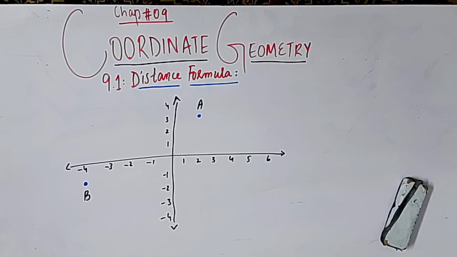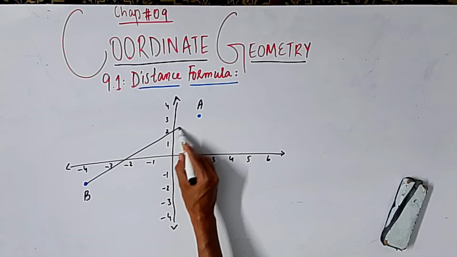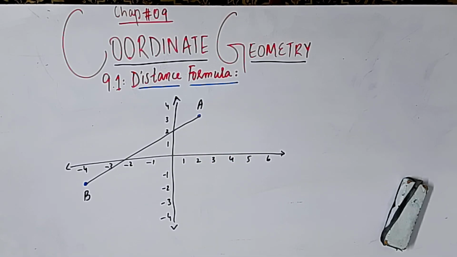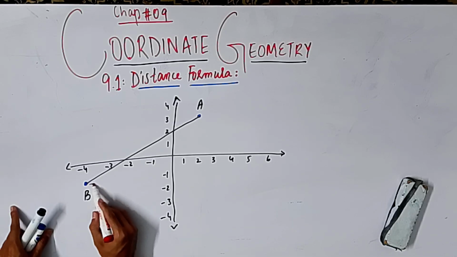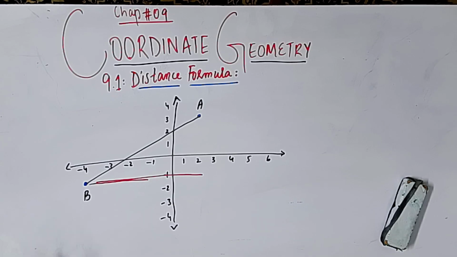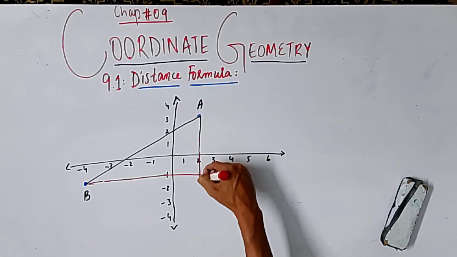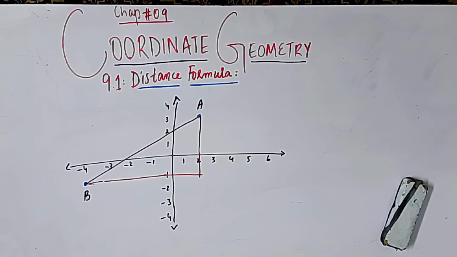Distance means how much you need to travel from this point to this point. That's what it means. For doing it, you need to show it like this. Because when we talk about the distance formula, there is some distance on the x-axis and there is some distance on the y-axis, right?